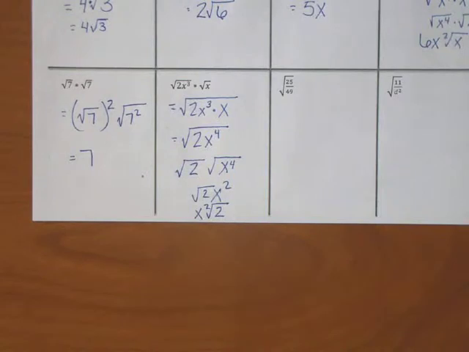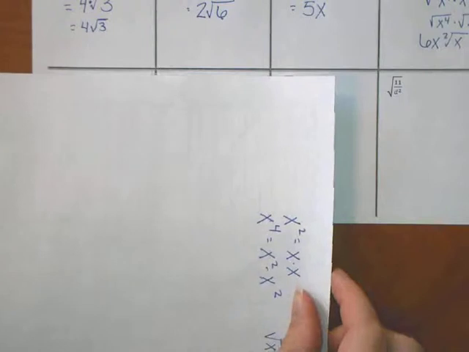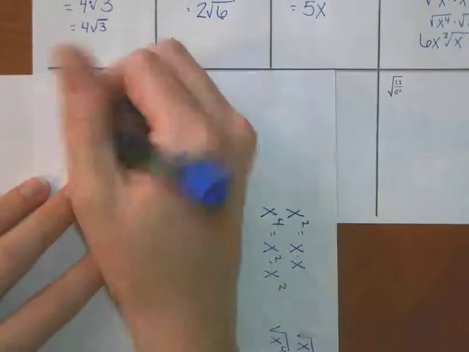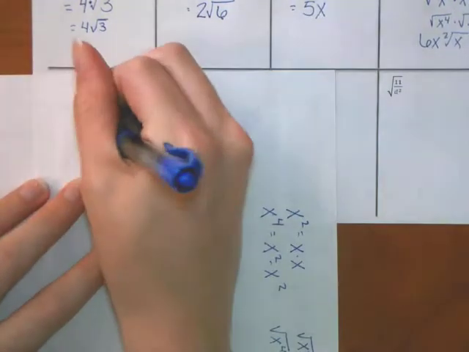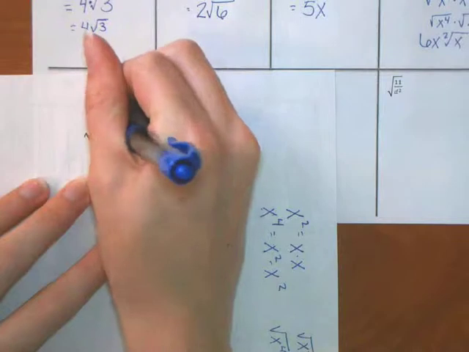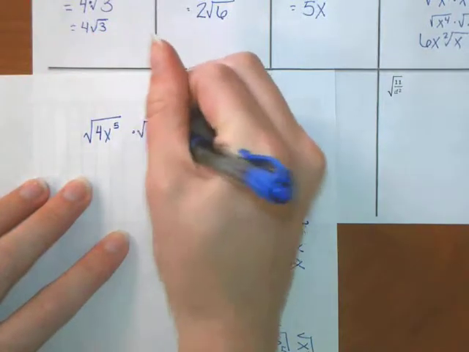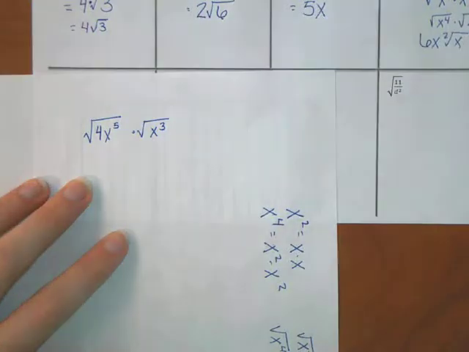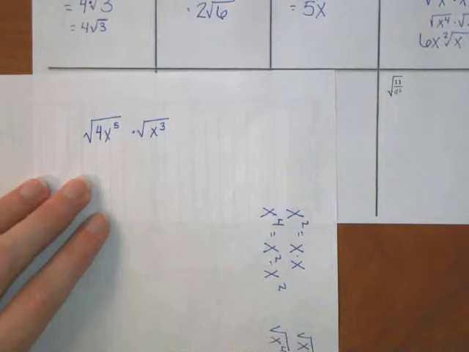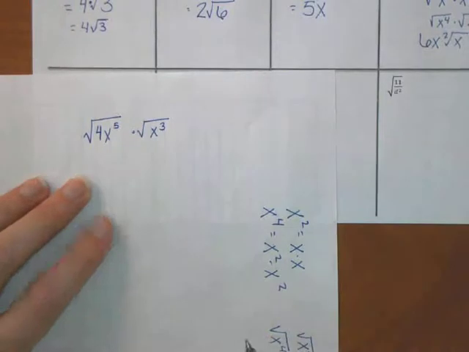Can we do another one like that? I have to come up with one, sorry. All right, so I could break these up separately, but what I'm going to do instead is put everything under one radical and simplify them all at once.